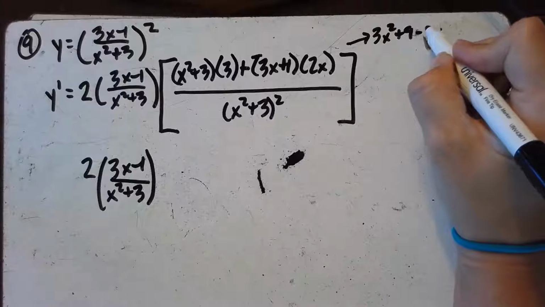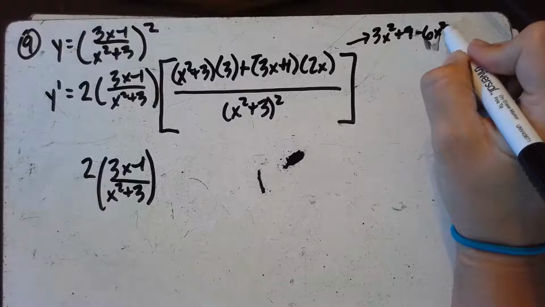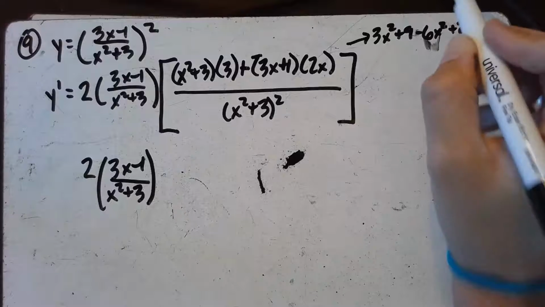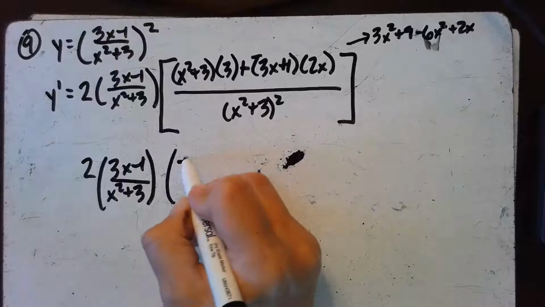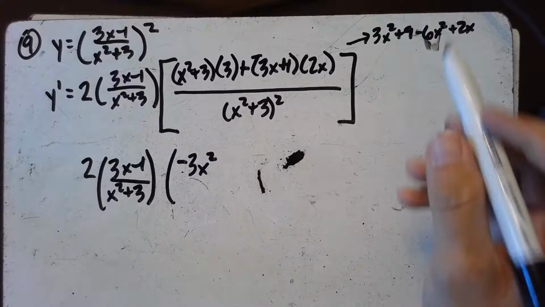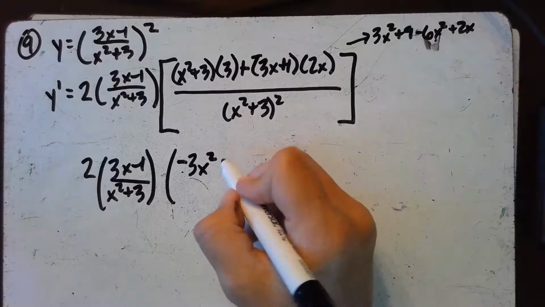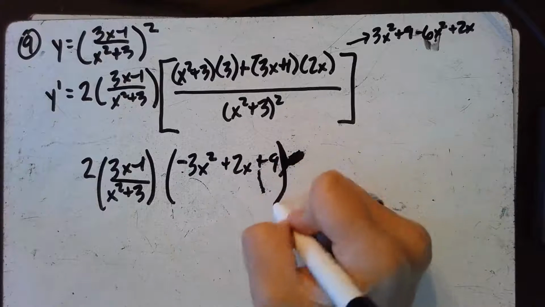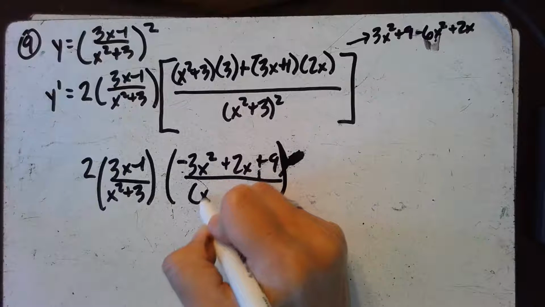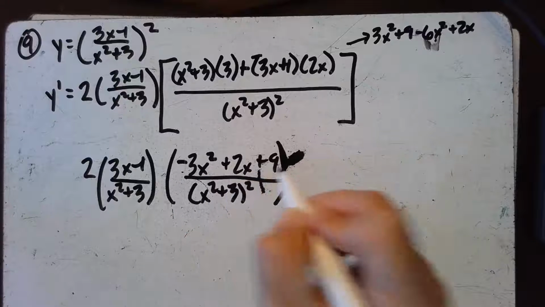So that's going to be negative 6x squared, plus 2x. All right, so when I simplify that, that's going to be negative 3x squared plus 2x plus 9, all over x squared plus 3 squared.